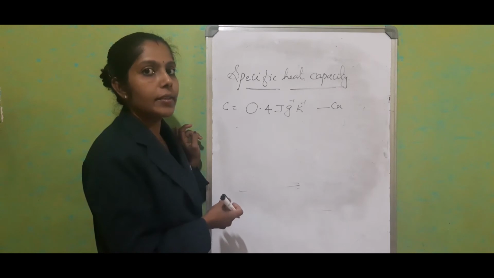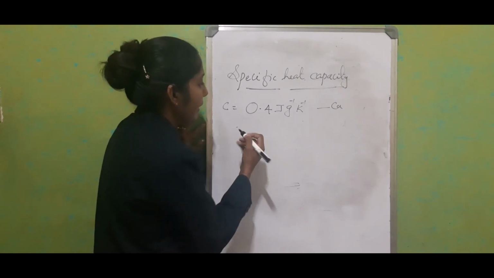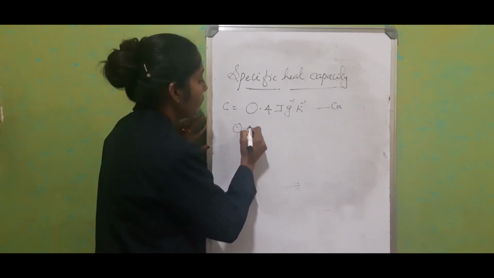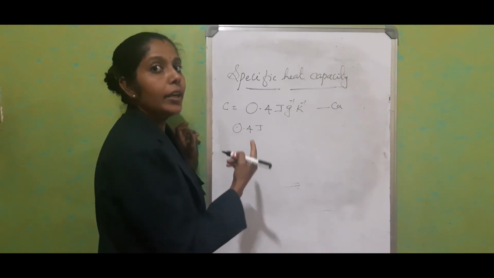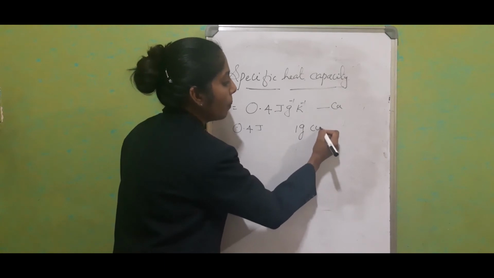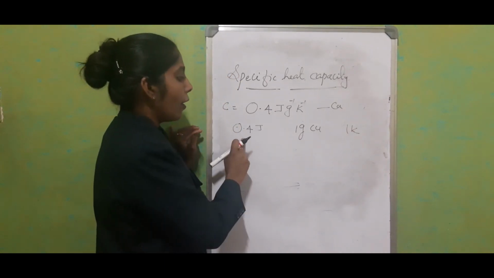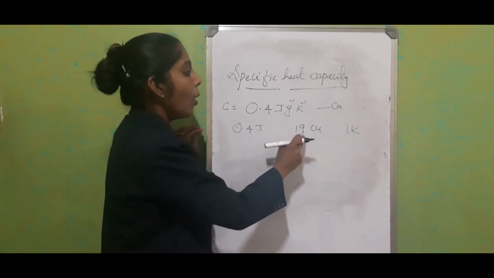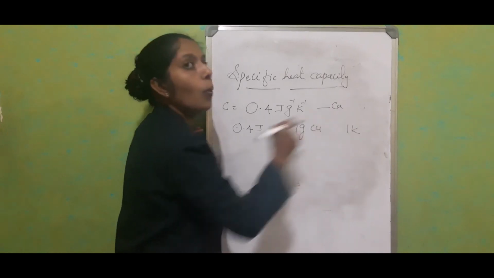It means that 0.4 joule of heat energy is required to raise the temperature of 1 gram of copper through 1 Kelvin.